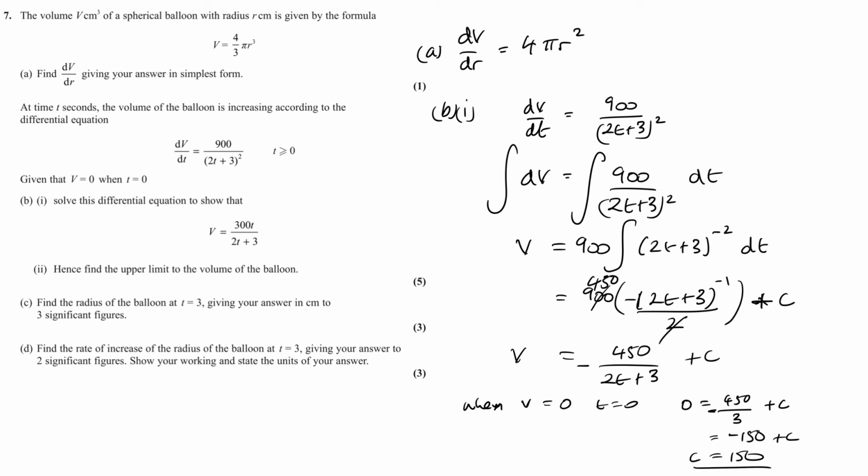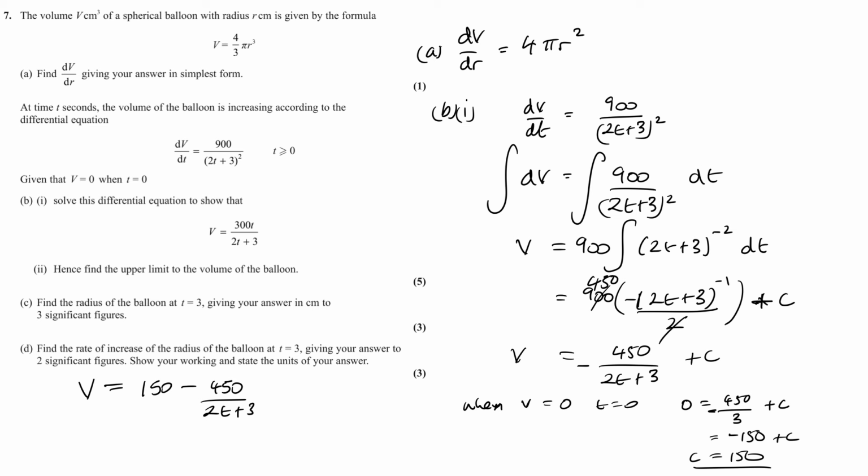So that means that V equals, I'll run out of space here, 150 minus 450 over 2t plus 3. Obviously that doesn't look like this, so we need to make it one fraction. Couldn't think of the word there.